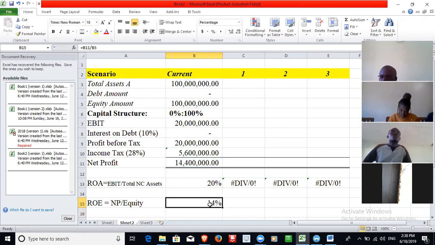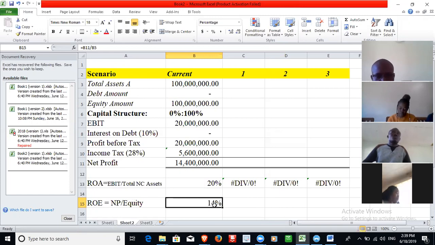So the dividends they will get at the end of the year, or the end of the quarter, or anytime, is going to be 14%. Anyone with a question on this issue? So our return on assets is going to be 20%, return on equity 14%.